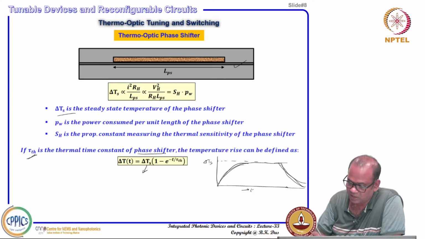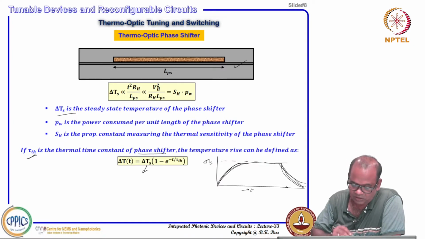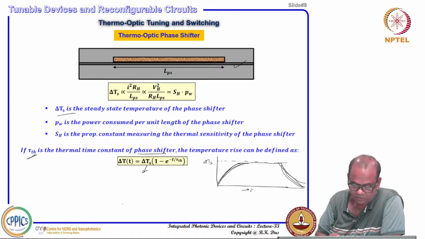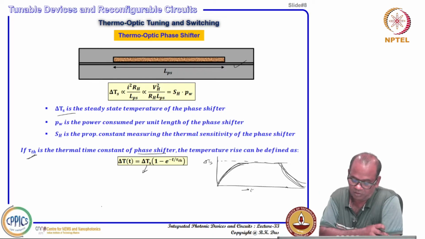So sometimes the rise time and fall time can be different. But for the discussion here, we consider that tau Th is the rise time, because that you can estimate very accurately, as the proximity of the microheater, the conductivity, and thermal heat capacitance control that.